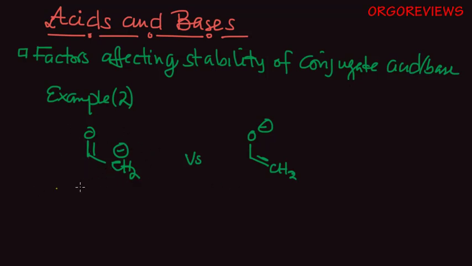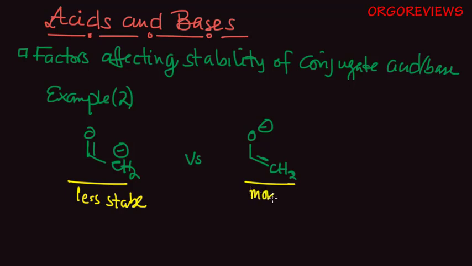So if you take a closer look, you see that in this form of the structure, the anion is sitting on a carbon, and we know that carbon does not tolerate an anion or a negative charge very well compared to an oxygen. So we will expect that this will be less stable compared to when an anion is on the oxygen.